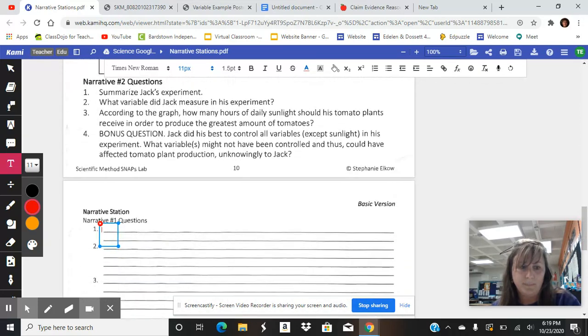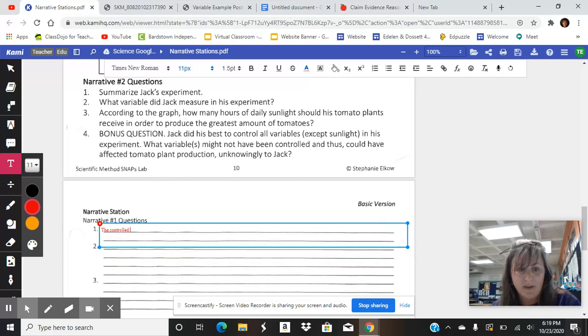I'm going to say the controlled variables in Samantha's experiment are same sunflower seeds, same spot for sunlight, same amount of water, and those are 3 examples. Okay, good. And let's go to number 2.